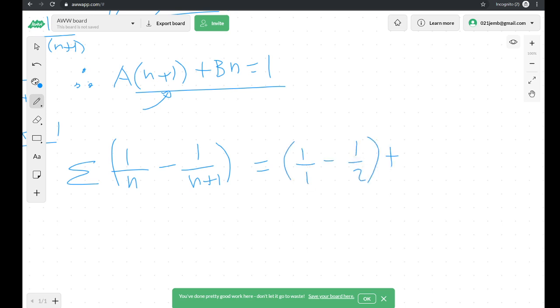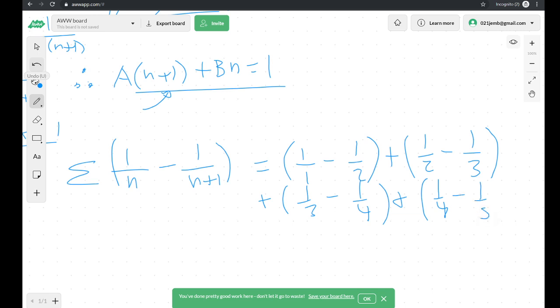For n equals 2, we have 1 over 2 minus 1 over 3. For n equals 3, we have 1 over 3 minus 1 over 4. For n equals 4, we have 1 over 4 minus 1 over 5, and so on, until plus 1 over n minus 1 over n plus 1, which is your nth term.